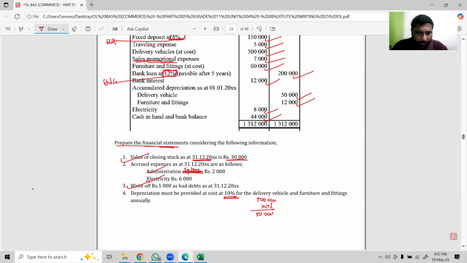Furniture and fittings. We have a cost of 60,000. 60,000, 10%. That means 6,000.